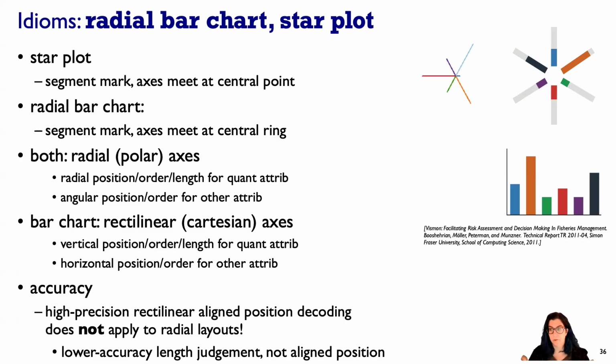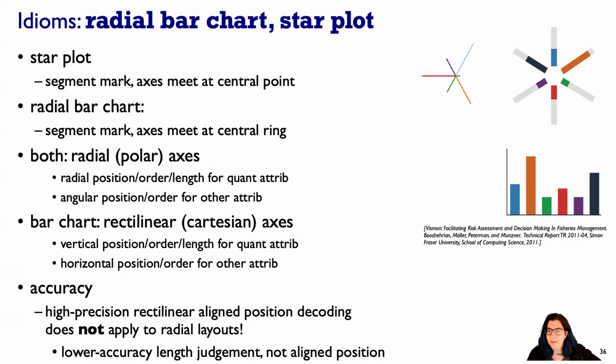So in particular, with our mark and channel analysis, we've got radial position, that is the distance from an origin point for a quantitative attribute. And then we've got something typically a categorical attribute where we're using angular position. So we're going around, and that angular position is encoding that other attribute. That's basically the analog of a bar chart, where instead of doing that horizontally and vertically, we're doing that with radial length and with angular position.